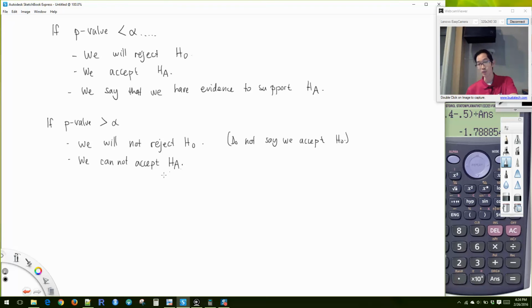It doesn't mean that we've rejected the alternative, it just means we can't accept it. Okay? And we would say we do not have evidence to reject the null hypothesis. Okay, so these are the conclusions that we would make by comparing our p-value to alpha.